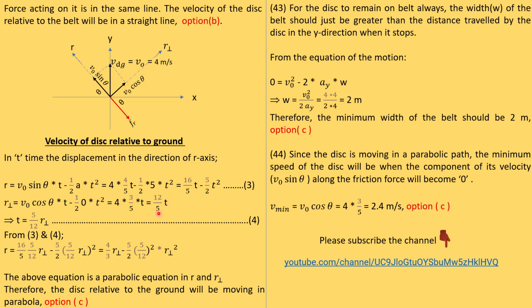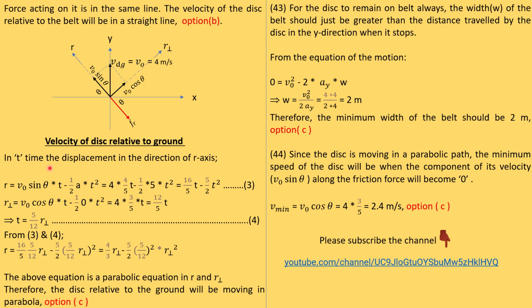Now if we put the value of t from here in equation 3, we will be getting 16 by 5 like this equation. If you calculate and simplify it, it will be 4 by 3 r perpendicular minus 5 by 2 into 5 by 12 square into r perpendicular square. So this is a quadratic equation, and a quadratic equation, you know, traces a parabola.